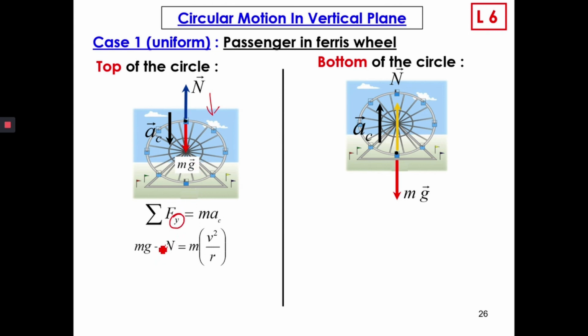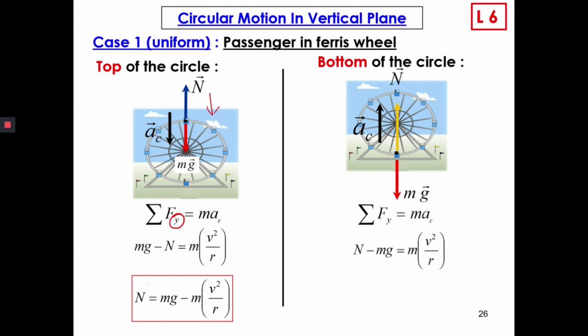That's why you will have mg minus n equals the centripetal force mv squared over r. When you rearrange your equation, it will be n equals mg minus mv squared over r. Your n is the normal force.